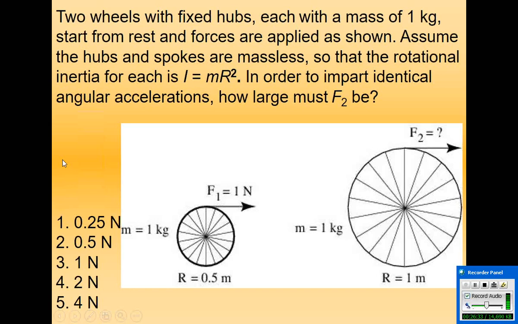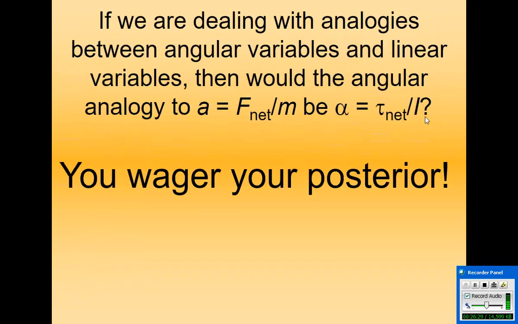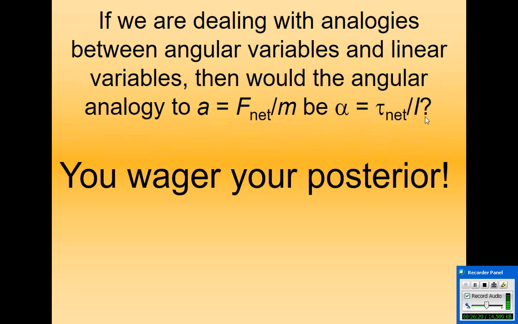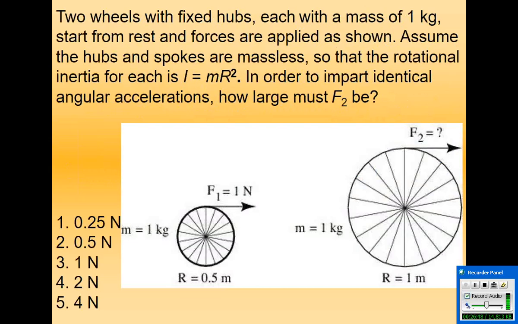Let's take a look at it from a conceptual point of view. We have two wheels, maybe like the wheels of one of those old-fashioned bicycles called penny farthings. Let's say each wheel has a mass of 1 kilogram. And let's, for the sake of ease of calculation, assume that all of the mass of each wheel is in the rim of the tire, that the spokes themselves have virtually no mass to speak of.